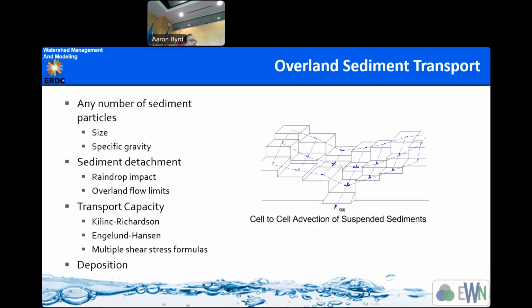It changes from one particle to another. So that can be defined in the input. And it is taken into account in the process of erosion in GSSHA. Like I said earlier, sediment detachment happens by rainfall impact and overland flow.